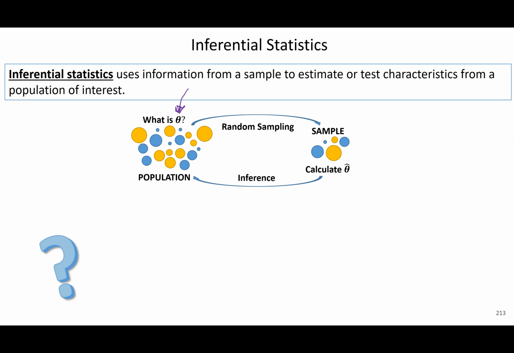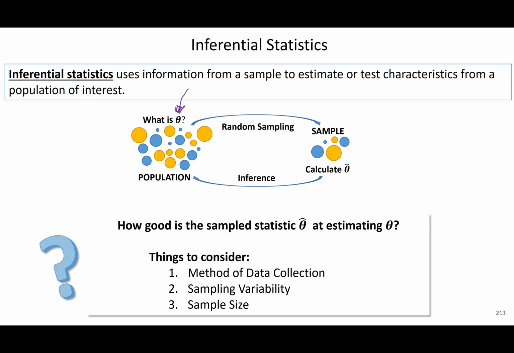Things that are important to note here, though: we want to know how good using our sample statistic will be at estimating our unknown population characteristic. Like, how good is X bar at estimating mu? That might be something we want to ask ourselves.